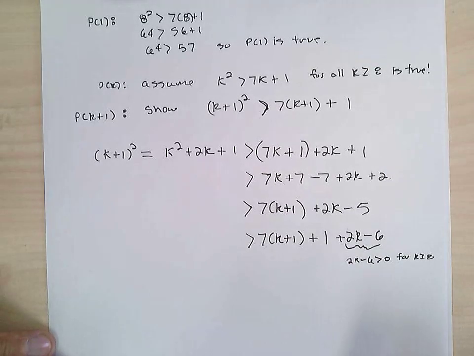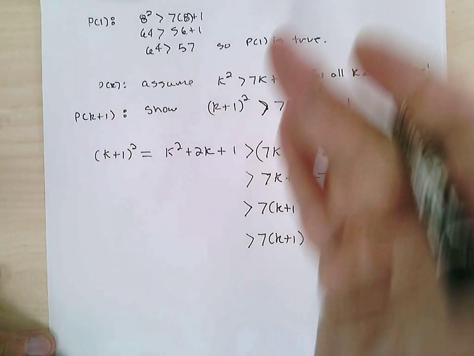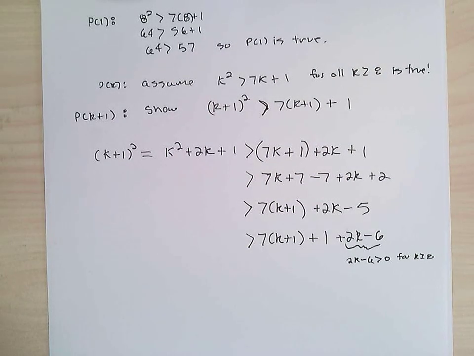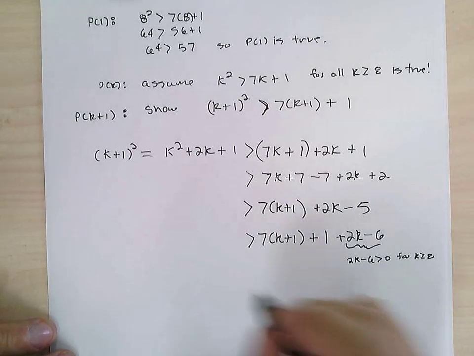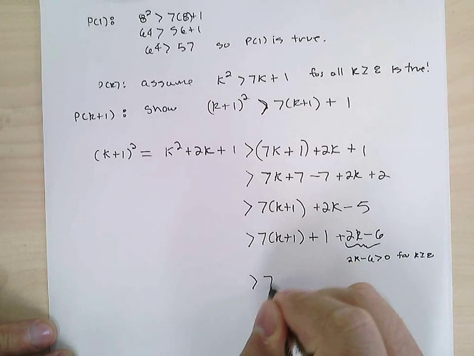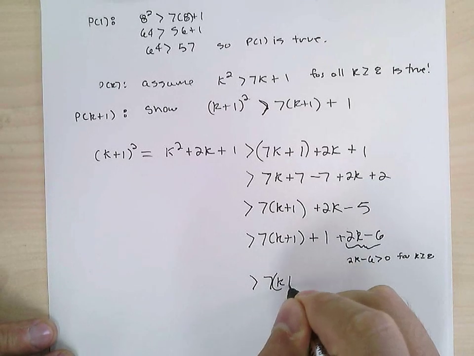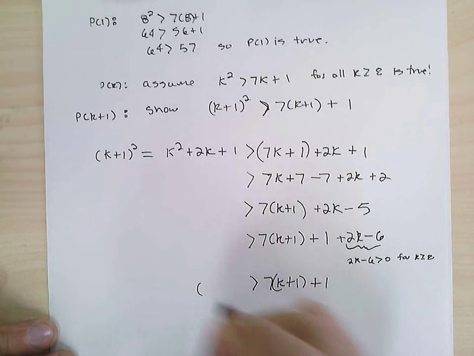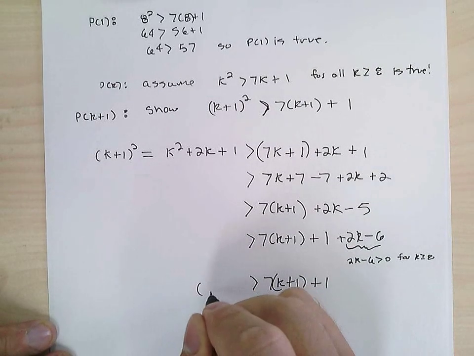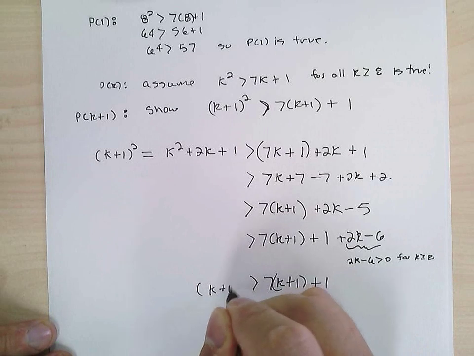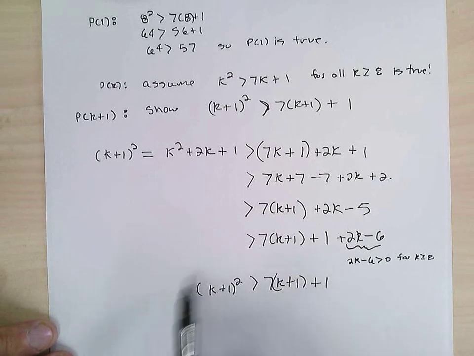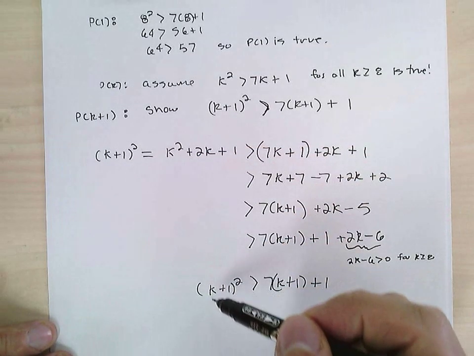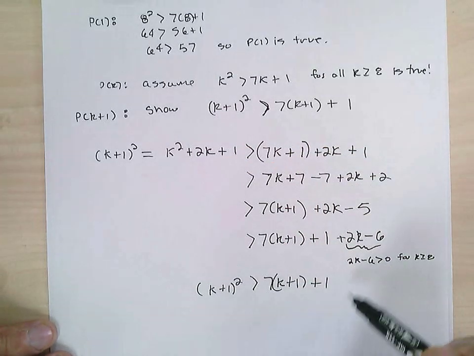Since that's always going to be a positive number, by taking it away, it's going to stay strictly less than, right? So my inequality holds, right? So I can then write the inequality 7 times k plus 1 plus 1 is definitely smaller than this guy. Or better yet, all these things were equal on the left-hand side, and then I showed it over here.